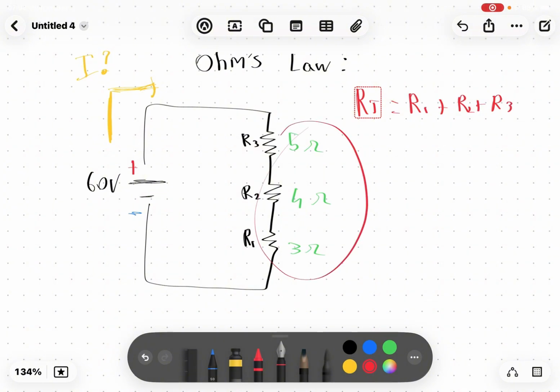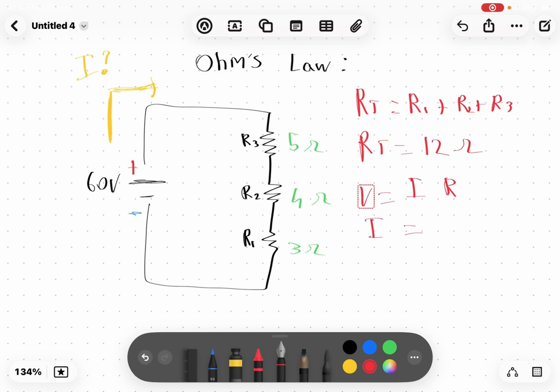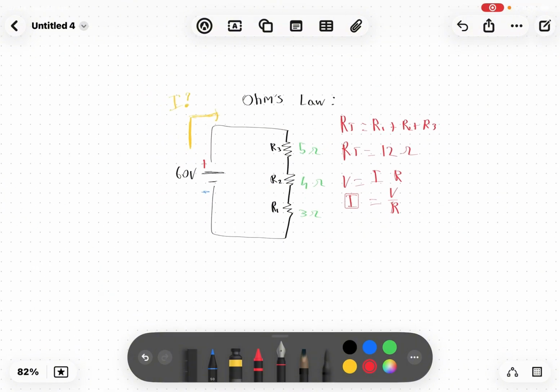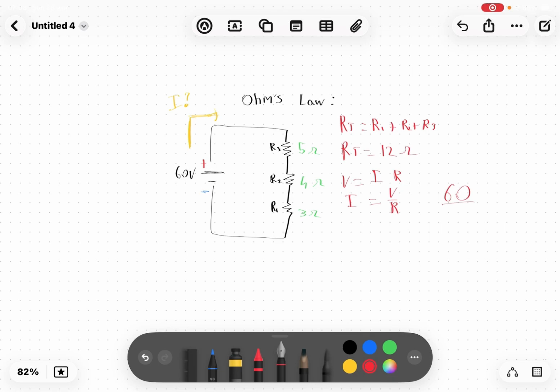All these added up go to 12 ohms. And as we know, voltage equals IR, which means I equals V over R. So we do 60 divided by 12, which gives us 5. So the current is 5 amps.